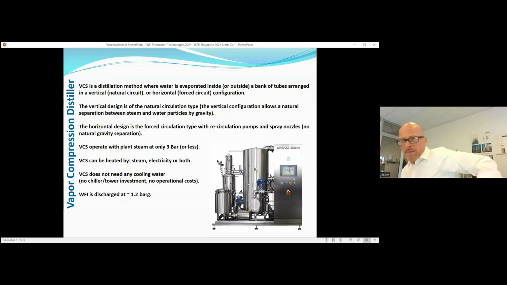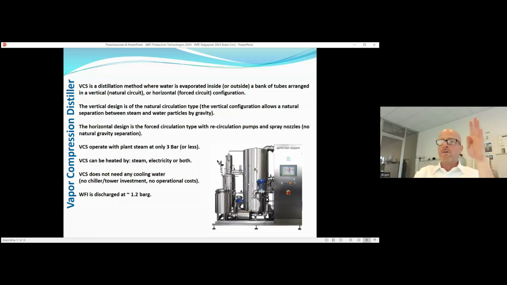Coming to the previous ISPE description, the vertical design is the natural circulation type. Clearly it is a distiller, so there is water that evaporates into steam, and the steam has the tendency to go up, being lighter than water.